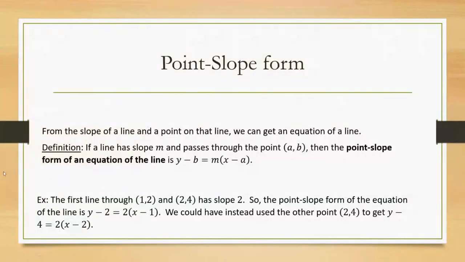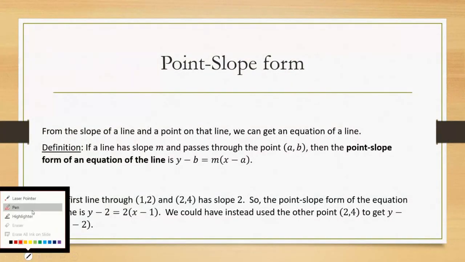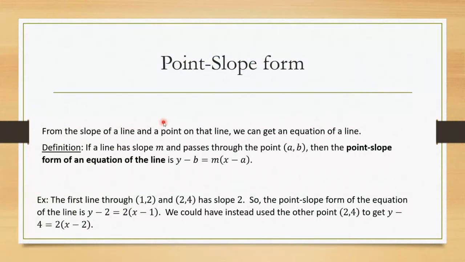So one way to write an equation of a line that's not vertical, assuming we know a point on the line and the slope, we can write an equation of the line in point-slope form.